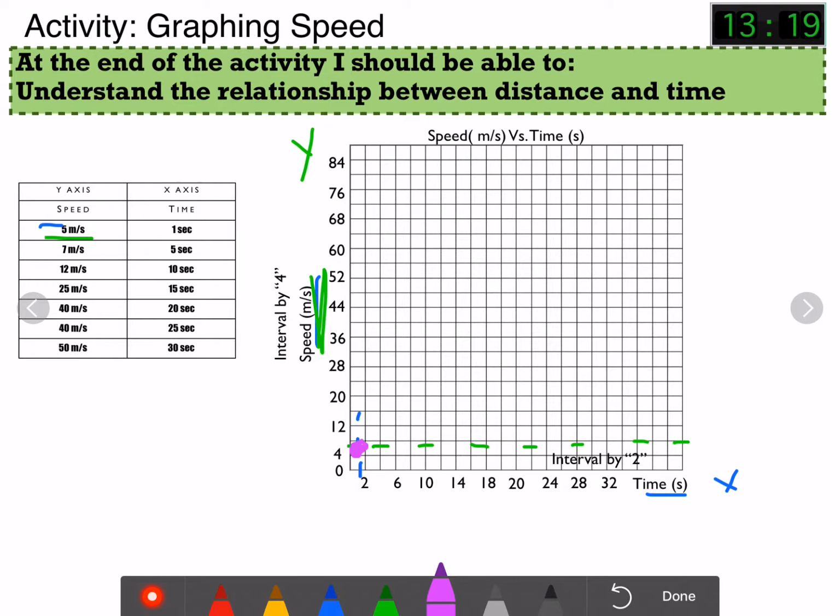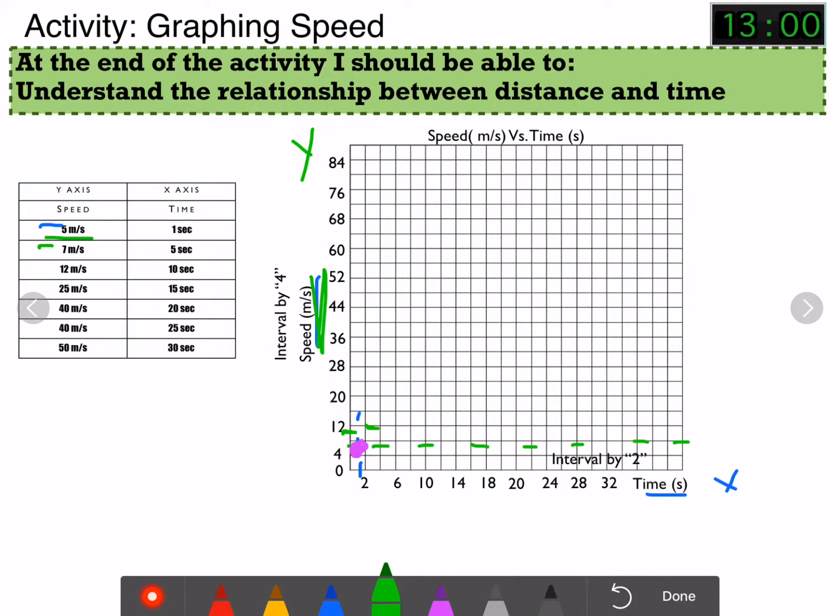Okay, let me do another one. 7 meters, I'll use green here. If I go to 2, 4, 6, my speed is going to be 7 meters per second, and I'm going to have it roughly somewhere in between there.